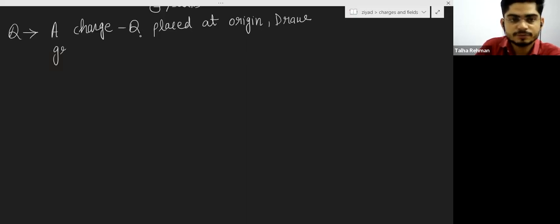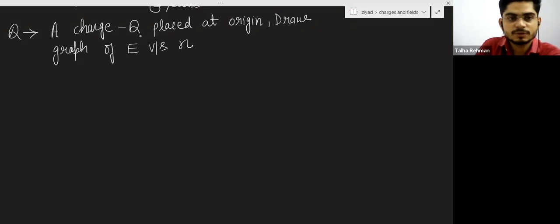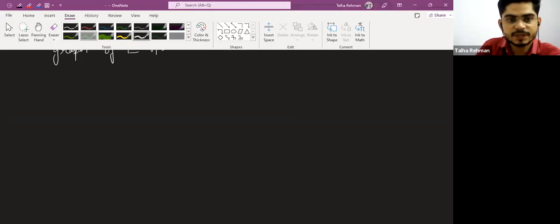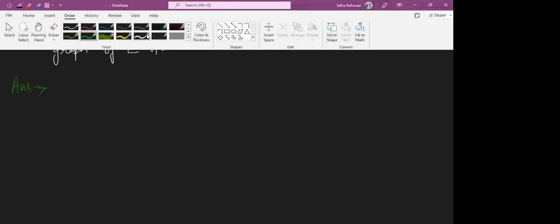Draw graph of electric field versus x, the distance. So this is the same question as we have already done, but with minus Q charge.